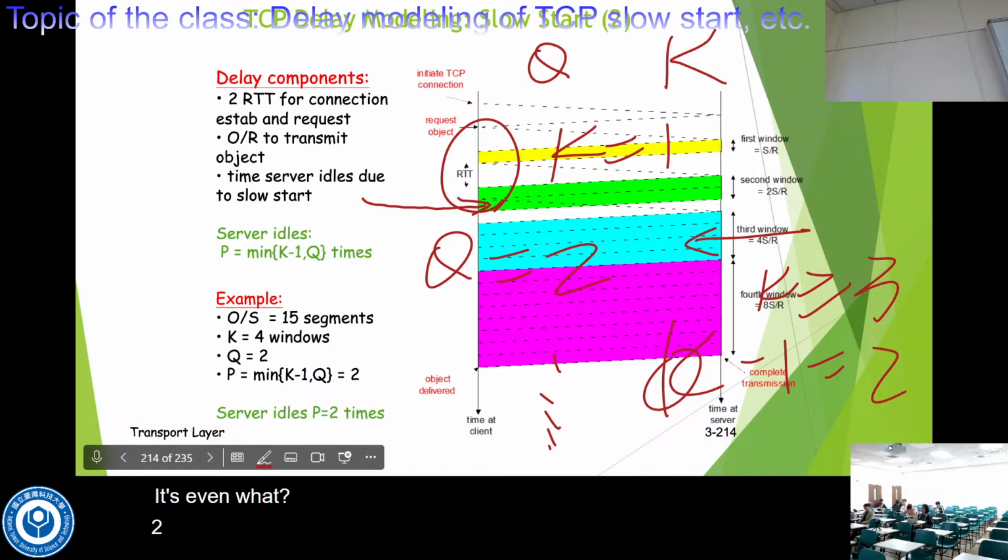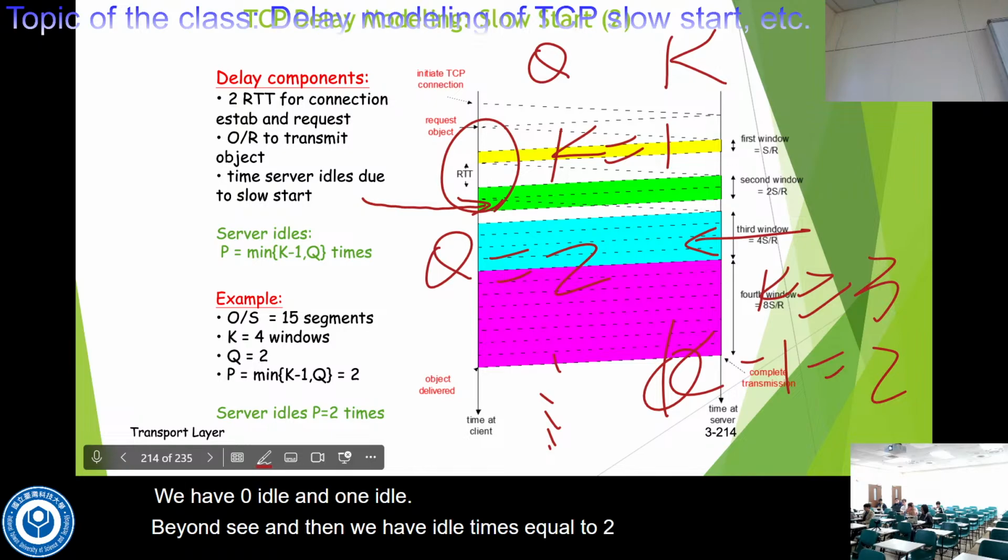With 1 and 2, we have 0 idle and 1 idle. Beyond 3, we have idle times equal to 2. So K minus 1 equals Q exactly.